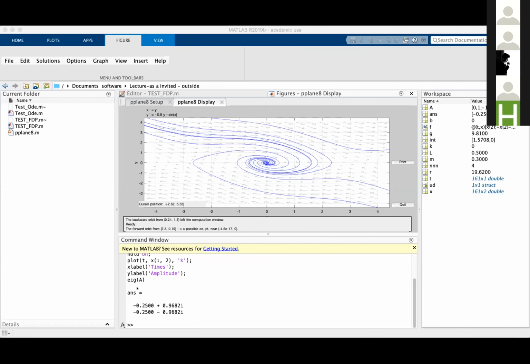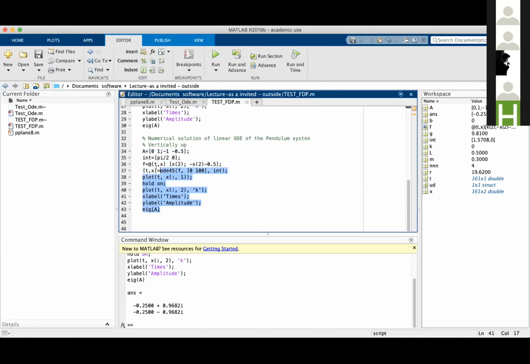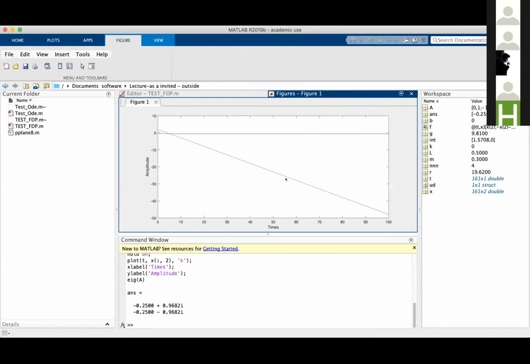Why? So let me quit this part and plot again. Yeah, you see? Okay. This black one is actually theta. So you can see that when it is vertically down, after some time the system goes to the equilibrium point 0, 0. It's near 0, 0.